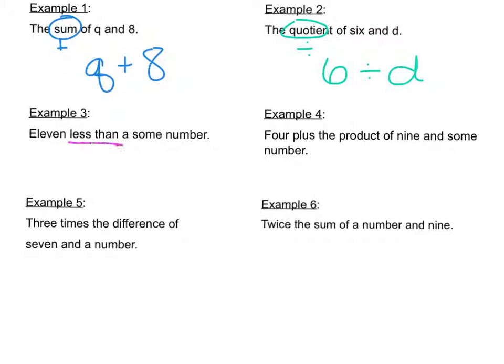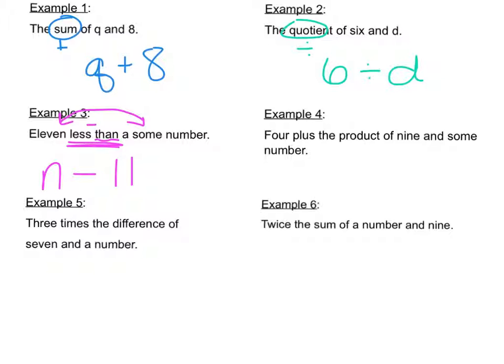So less than, here's a tricky one. Whenever we see the word than, we're going to flip them around. So we think that 11 would go first, but because of that less than, we're going to put some number in front. So we're going to call that number n, and then minus that 11. So even though the words are in the other order, when we write the algebraic expression, we flip them around because of less than.